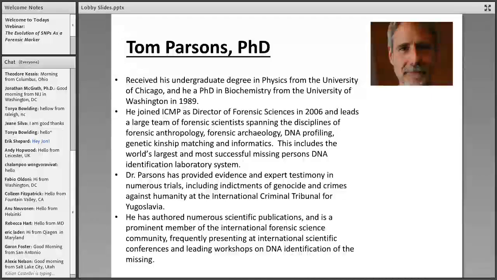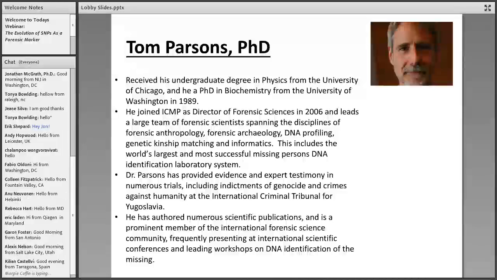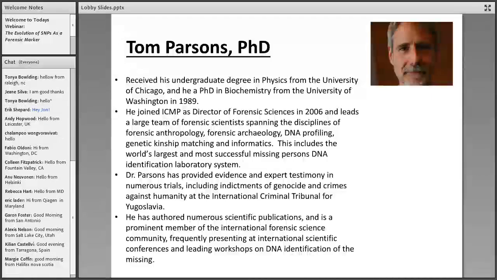This includes the world's largest and most successful missing persons DNA identification laboratory system. He has authored numerous scientific publications and is a prominent member of the international forensic science community, frequently presenting at international scientific conferences and leading workshops on DNA identification of the missing.